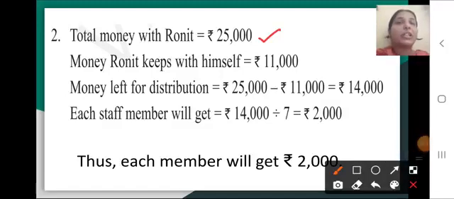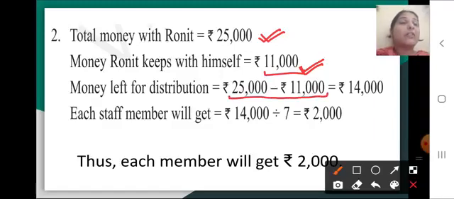Money Ronit keeps with himself is rupees 11,000. So money left for distribution. How will we get how much money will be left for distribution? Because the total amount was 25,000 and Ronit is keeping rupees 11,000 with himself, we will subtract that 11,000 from 25,000. When we subtract, we will get 14,000.